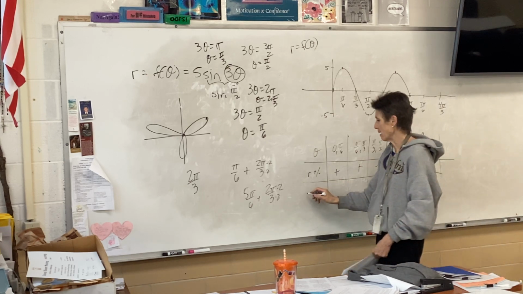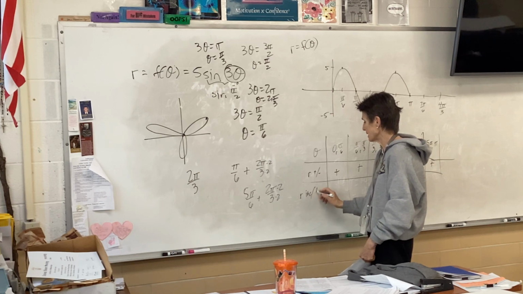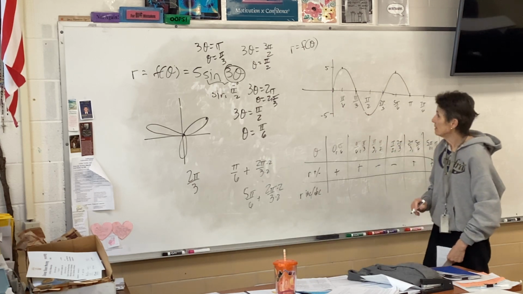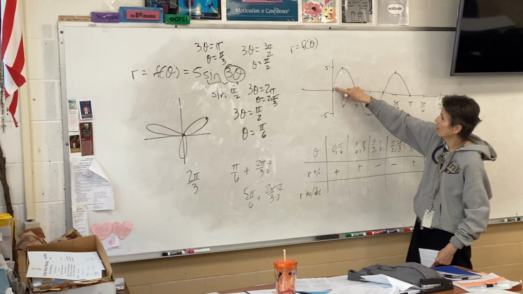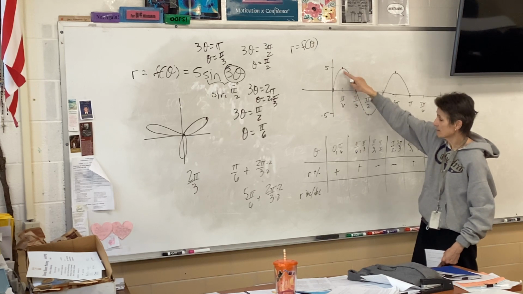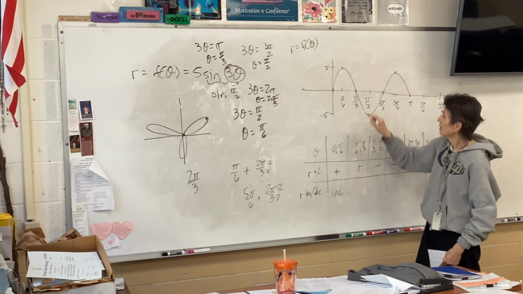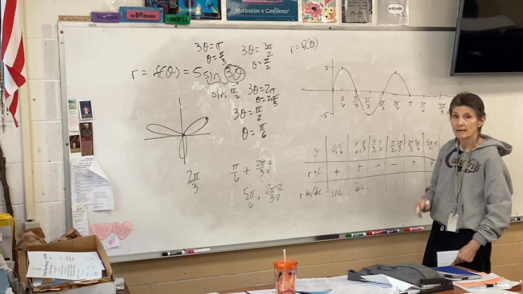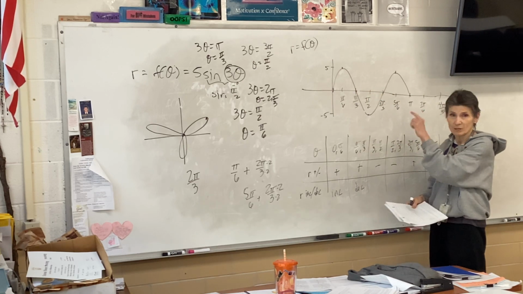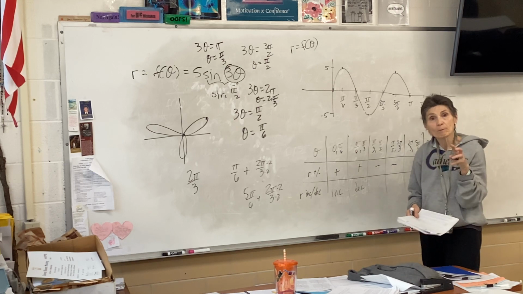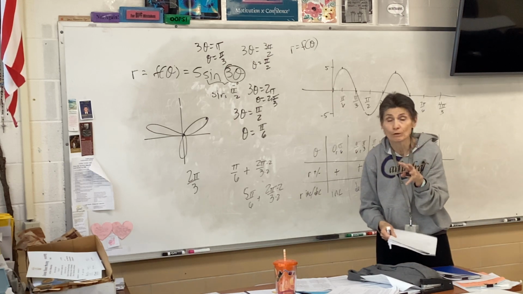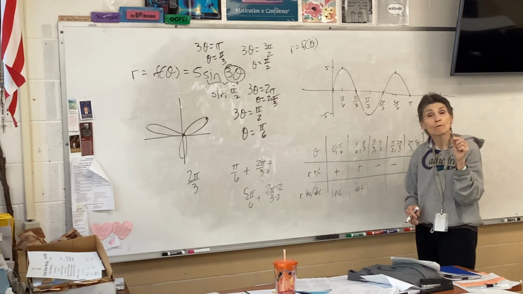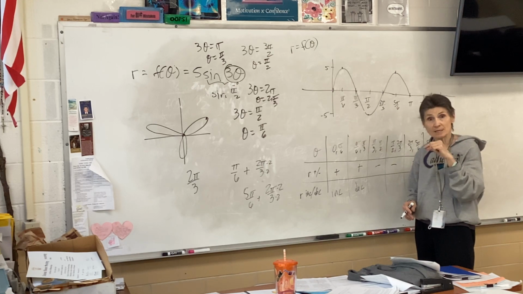Now I'm talking about whether R is increasing or decreasing. So let's take a look at our picture. R is increasing. R is decreasing. Now let's just stop right there. I know the picture's right in front of us, but remember what happens to the polar curve, or to any curve, when you go from being increasing to decreasing.